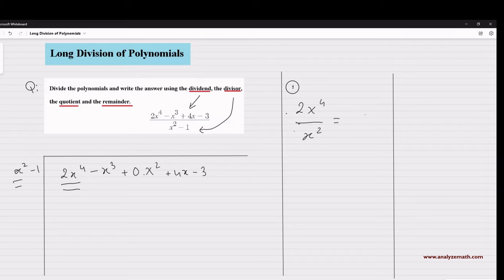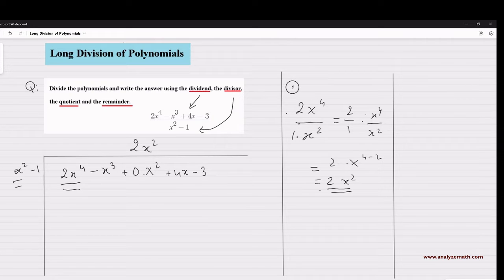The division gives 2x^4 over x^2, which simplifies to 2x^2. Now this term goes here, with 0x^2, the like terms.